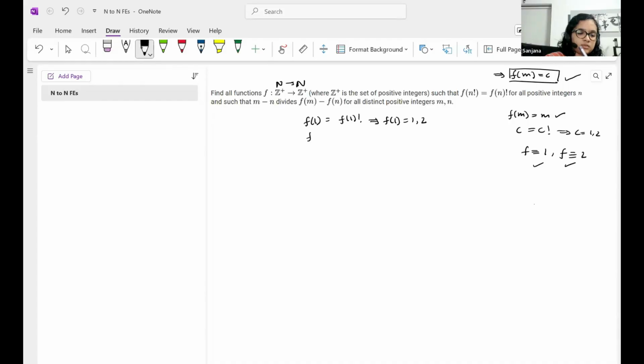And similarly, you get the same thing for f of 2. So now you have 4 different cases. I would say first try to eliminate f of 2 is equal to 1.